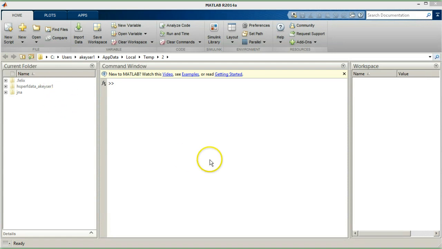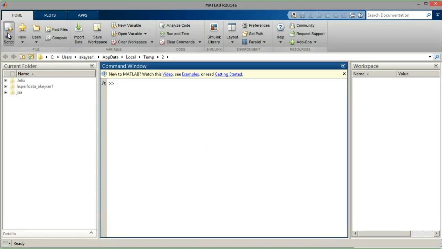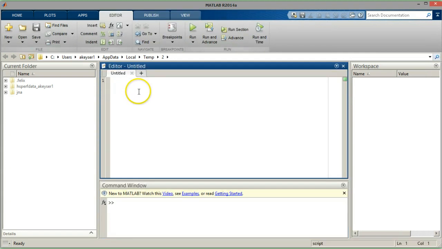So let's first open a script. It's taking a second to load. MATLAB is very slow. Very slow. Okay, so the top portion that you see here where the cursor is, is the script portion. So that's where you'll enter your code.